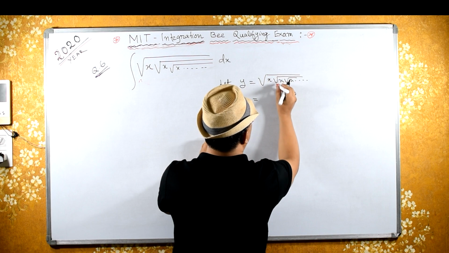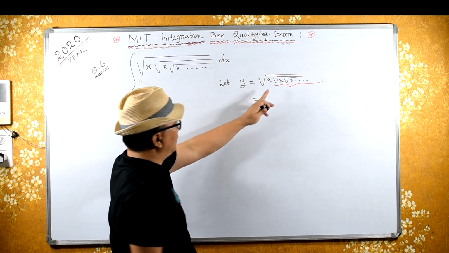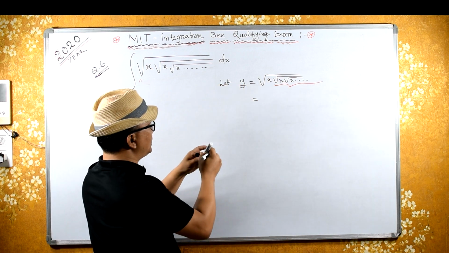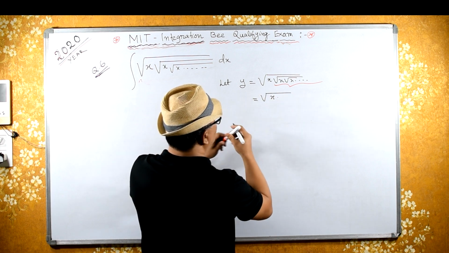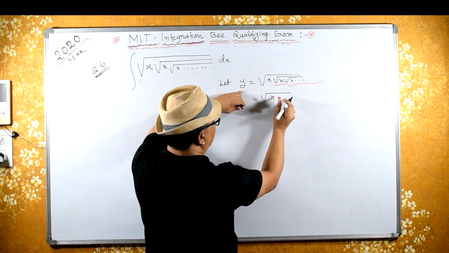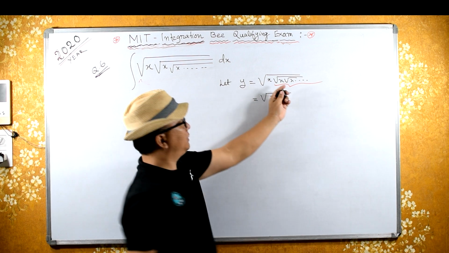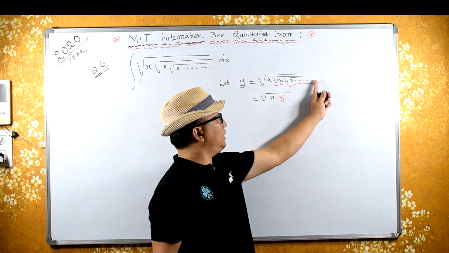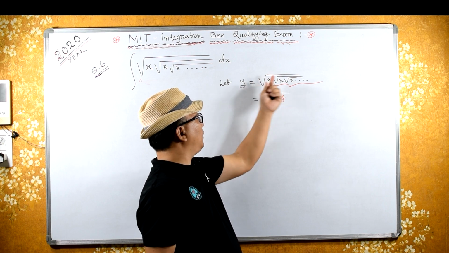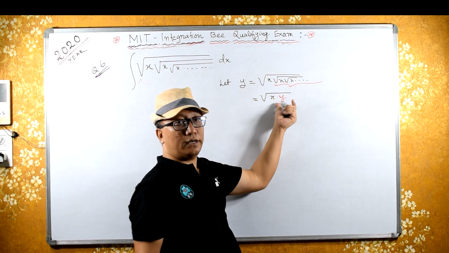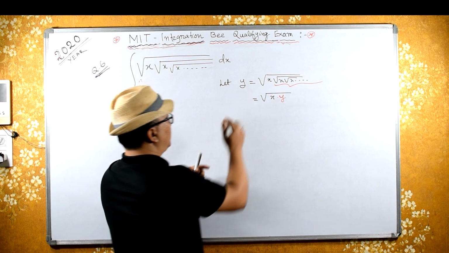Now if I remove from here to here, this is the same as x into, since this part from here to here up to infinity is y, therefore this term is y.